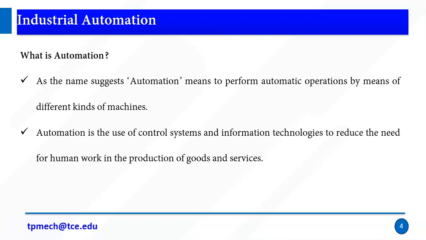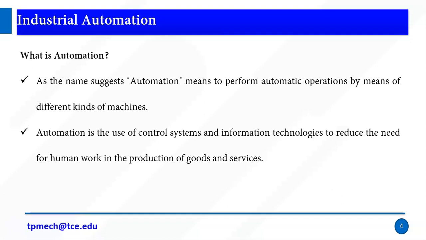It is the use of control systems and information technologies to reduce the need for human work in the production of goods and services. Here you need to mention one point: control system. Control system means it requires feedback. For example, I am doing some task.